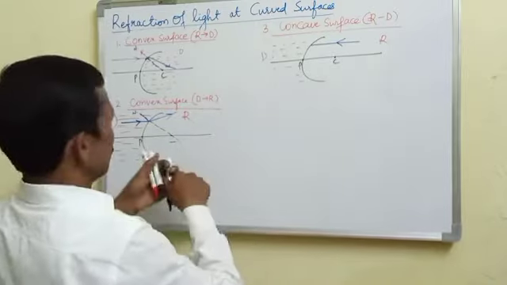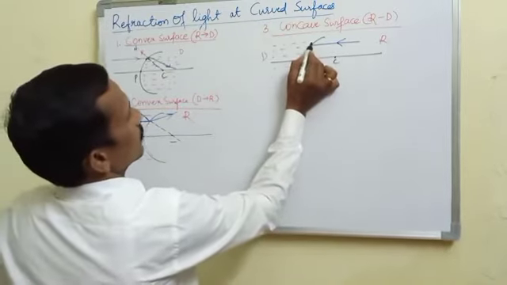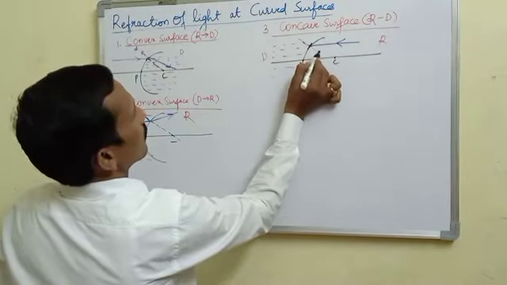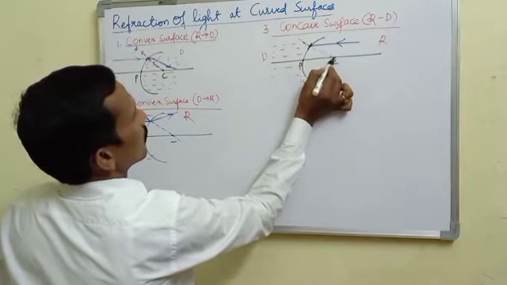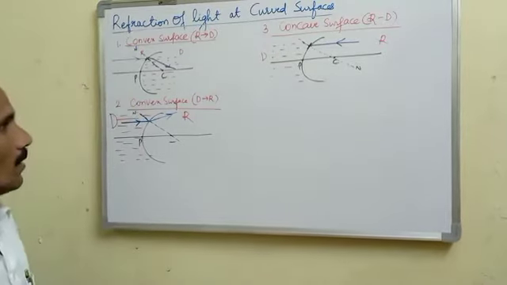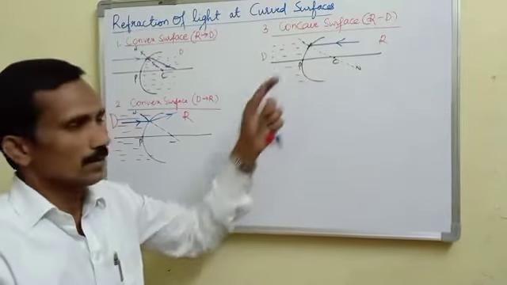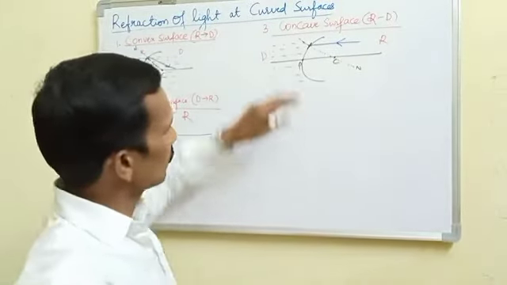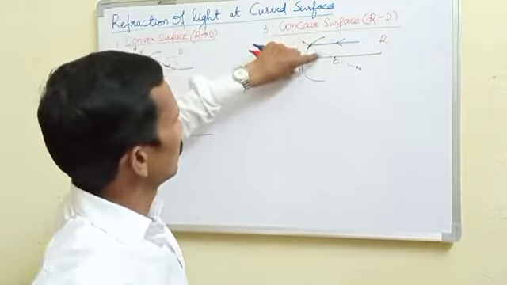Here it is the normal. It is the tangential line. Here it is the normal. So when it moves from rarer to denser, what happens? It bends towards the normal. Where is the normal? This is the normal.